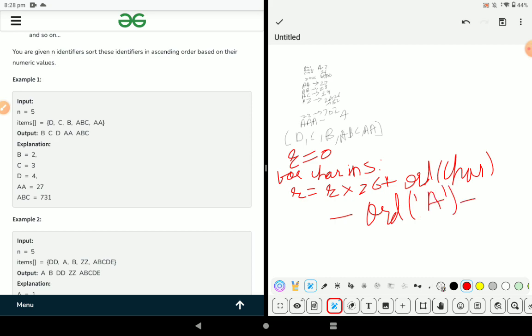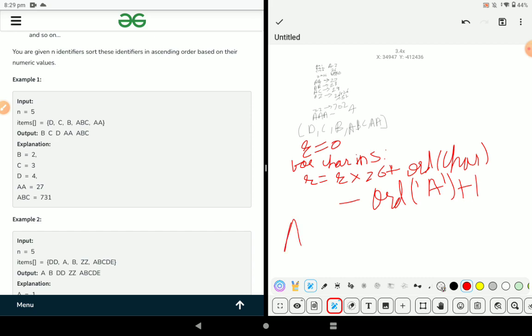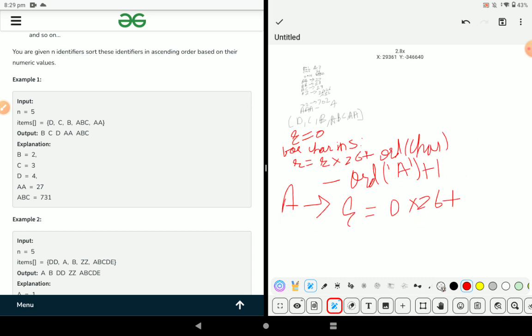A plus 1. So basically how it works: for A, the result is 0 into 26 plus ord of char minus ord of A plus 1.